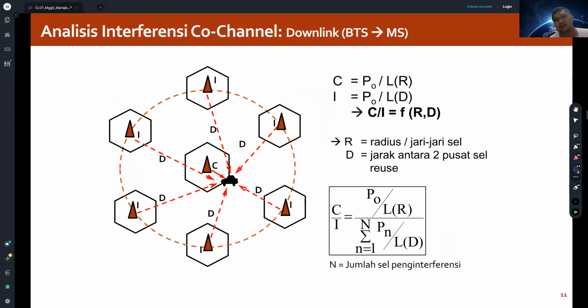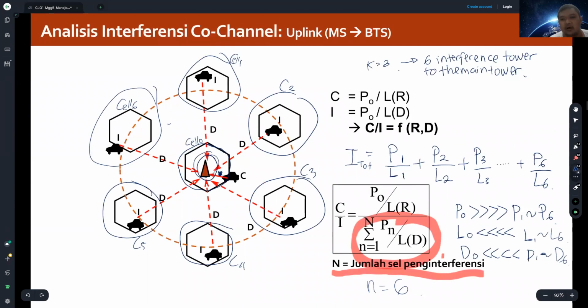Communication between base station and mobile station, or the downlink, is also the same. The previous line was the communication of the uplink, and this one is downlink. What I mean is that the concept of interference happens in both uplink and downlink.